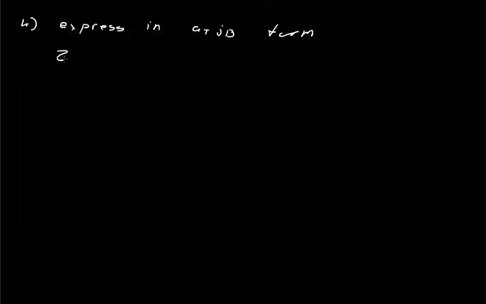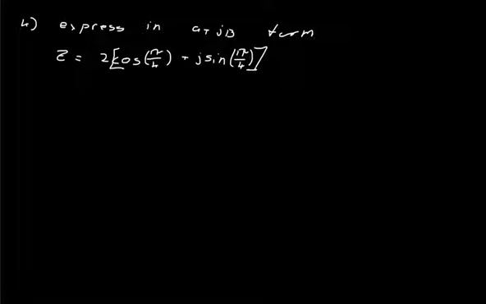And the number that they want you to express in a plus jb form is 2 cos pi over 4 plus j sine pi over 4, cubed.